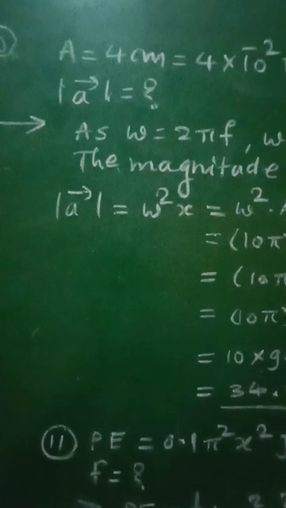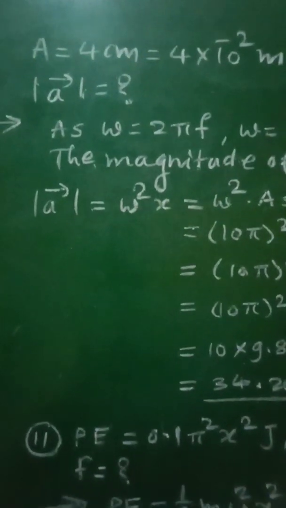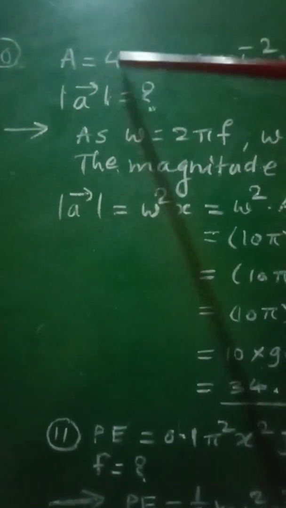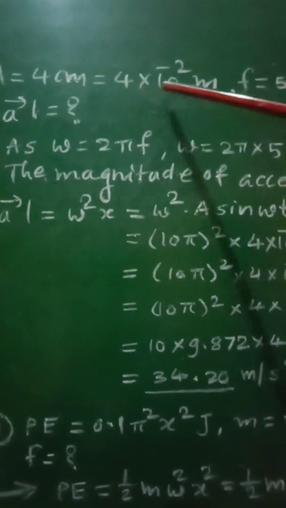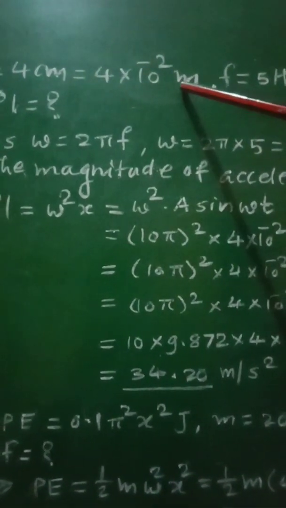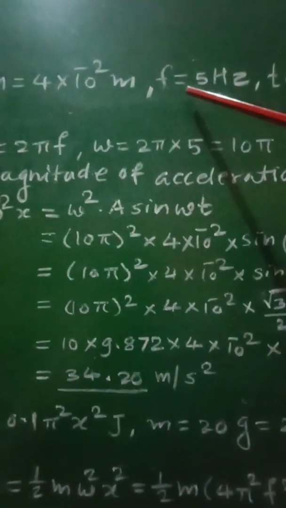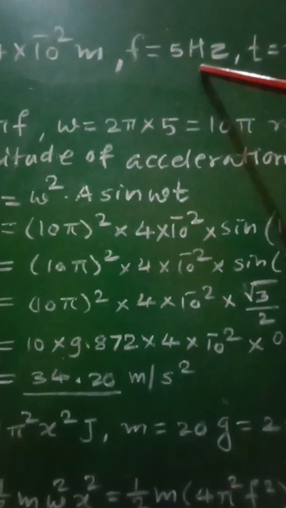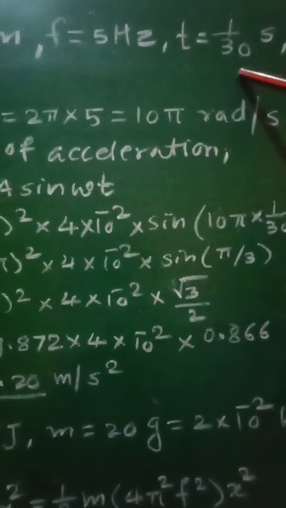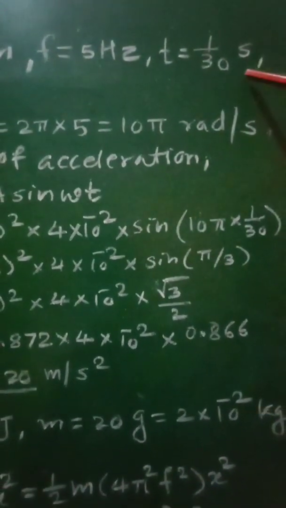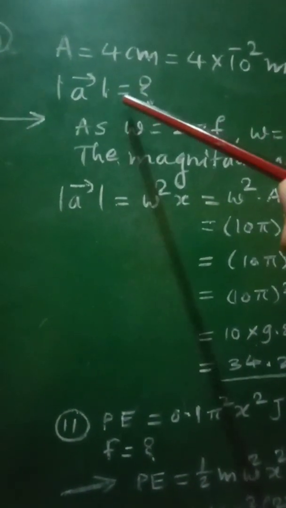So in this numerical, the given data is amplitude of SHM, that is A is equal to 4 cm, equal to 4 into 10 raised to minus 2 meter. Then frequency f is equal to 5 Hertz. Then time interval t is equal to 1 by 30 second, and we have to find the magnitude of acceleration.